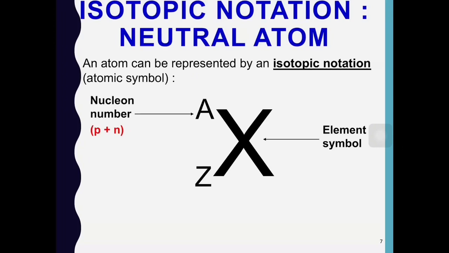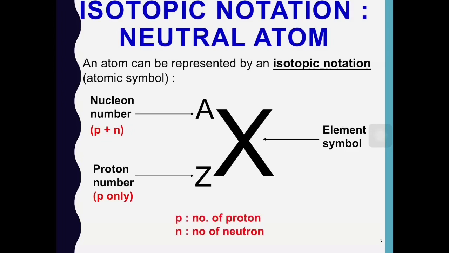And on the bottom left hand side, write the proton number. P is proton number and N is number of neutron.